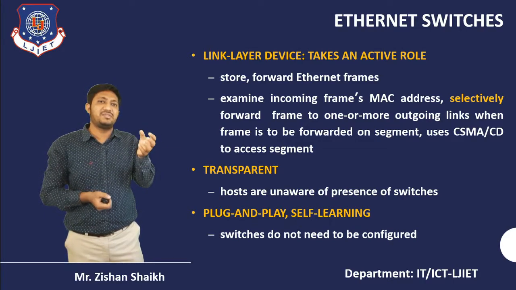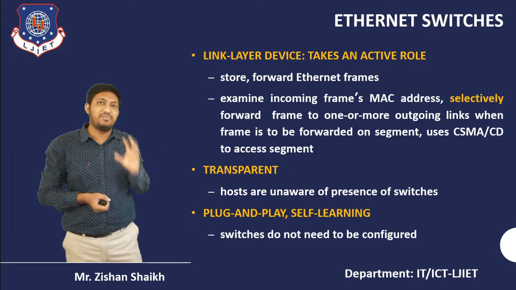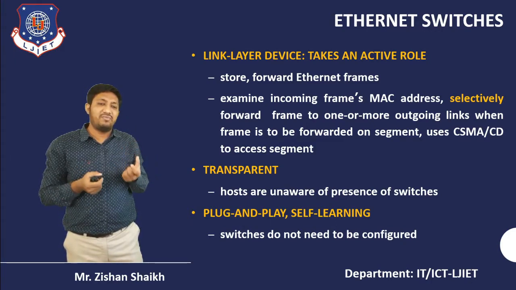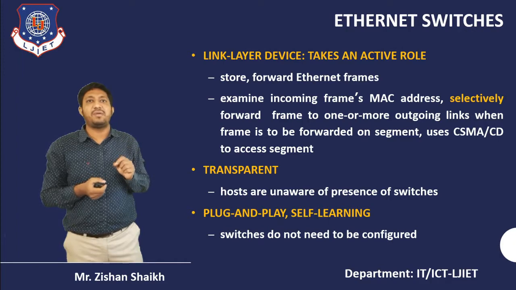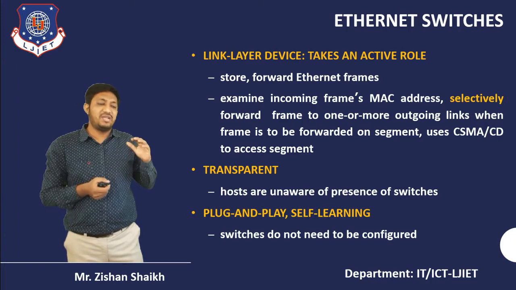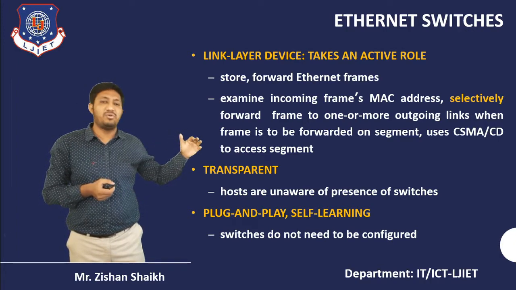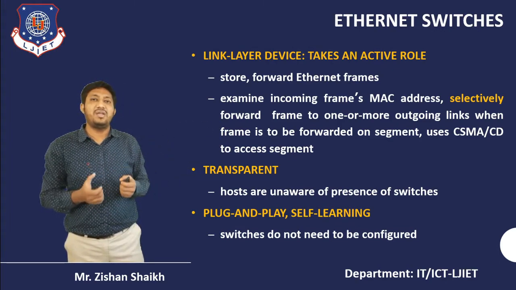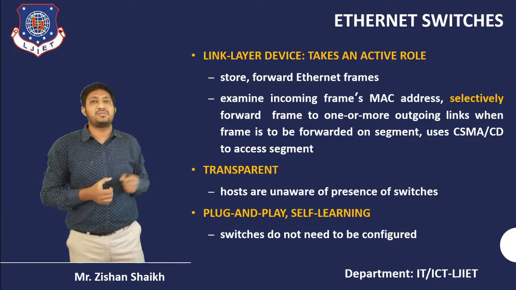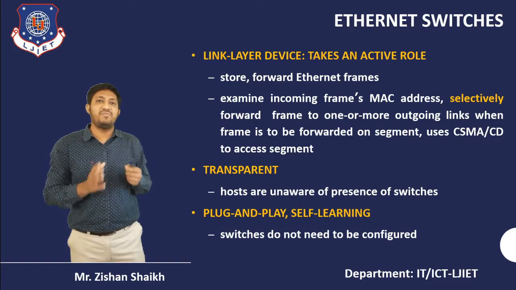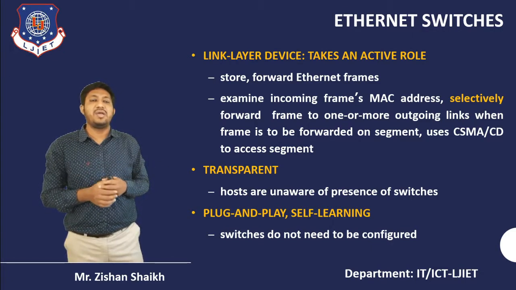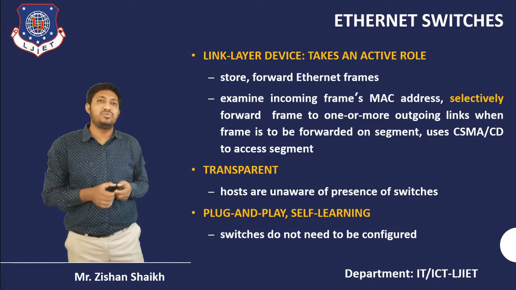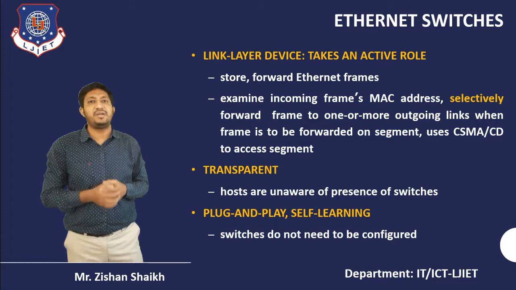When any packet is received at the switch, it examines the MAC address of the frame, and then selectively forwards it to one or more outgoing links of that switch. For that, it also uses the MAC layer, which is part of the data link layer, and for the MAC protocol it uses CSMA/CD, which is used for collision detection and avoidance.